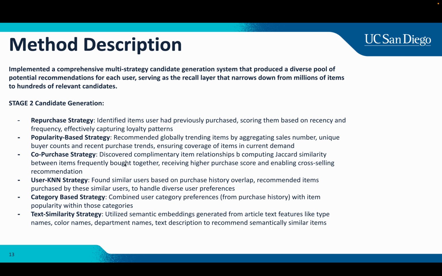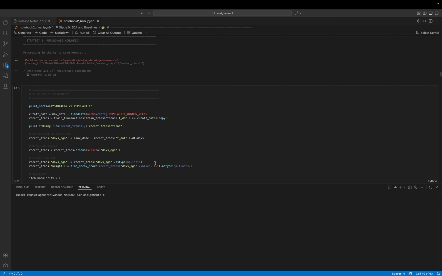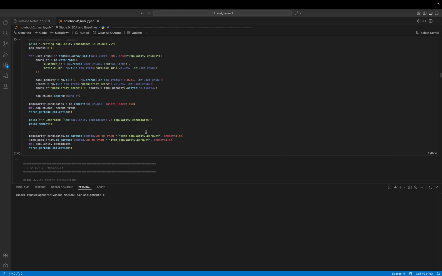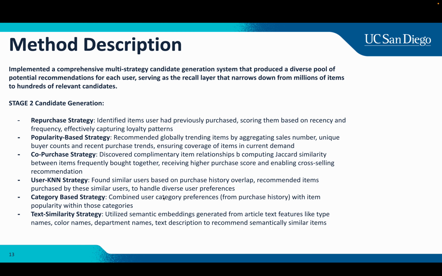So I used Jaccard similarity in this part of code to get complementary items that are bought together, and especially those items that are bought together like shirts and pants receive a higher co-purchase score, enabling cross-selling recommendations.